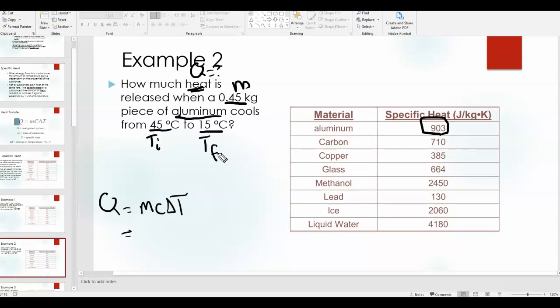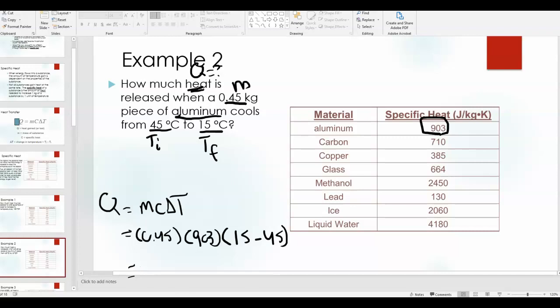Now, how do I know which one is which? Because it's starting at 45 and then it's going down to 15. So when I do this calculation, I'm going to do the mass, which is 0.45, times the specific heat, which is 903, times delta T, which is T final minus T initial. So I'm going to multiply by, parentheses, 15, that's the final, minus 45, which is the initial.